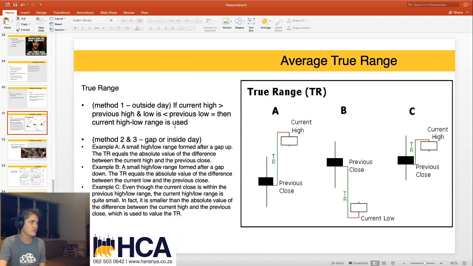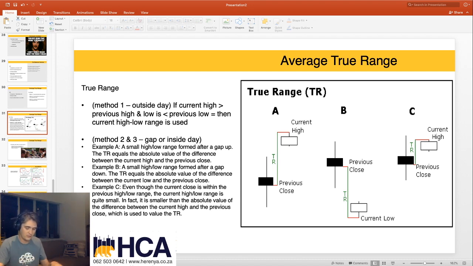What you're trying to do is find essentially the furthest point away from the high or low of the day. So if we look at today, the high point is this. What is the furthest point away from the closing price, from today's high or low? What's the biggest number?